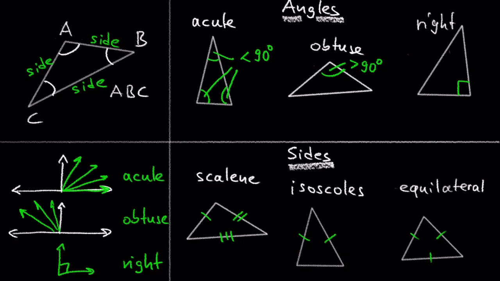By the way, an equal number of slashes on the sides of a triangle indicates that those sides are congruent. Let's look closer at some parts of isosceles triangles, because they have special names. The angle formed by the congruent sides is called the vertex angle.